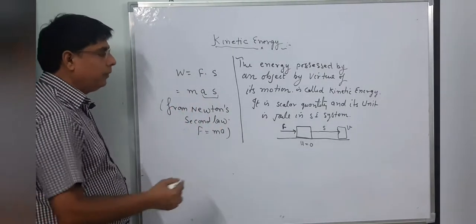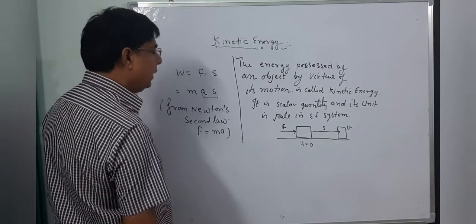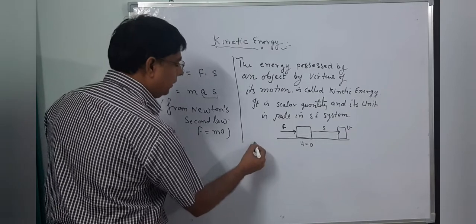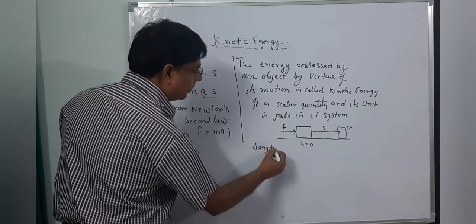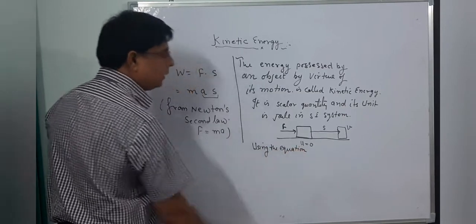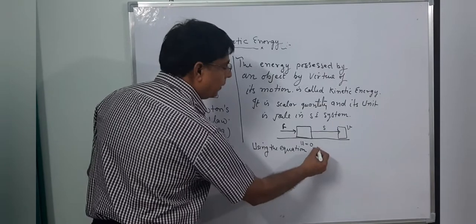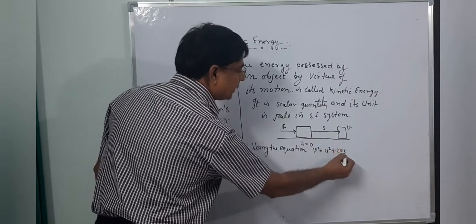How can we find it? We use the third equation of motion: v square equal to u square plus 2as.